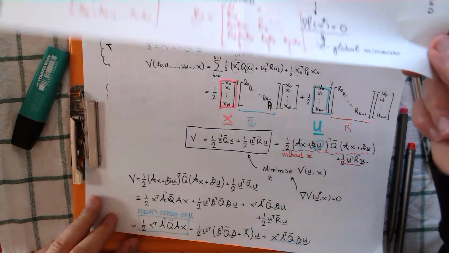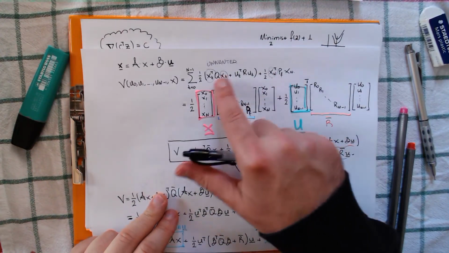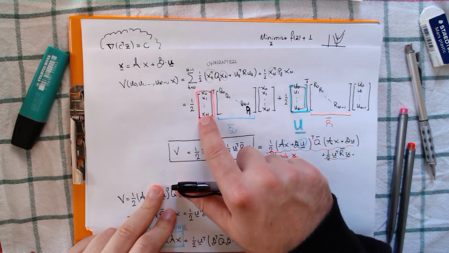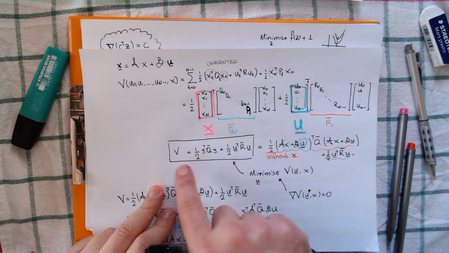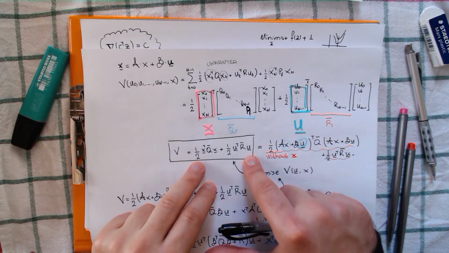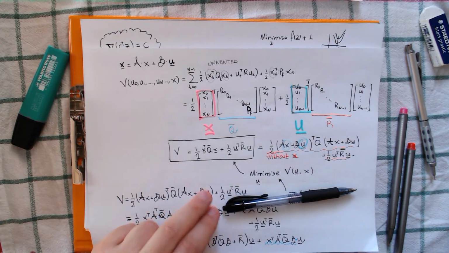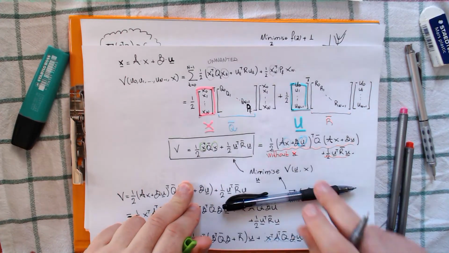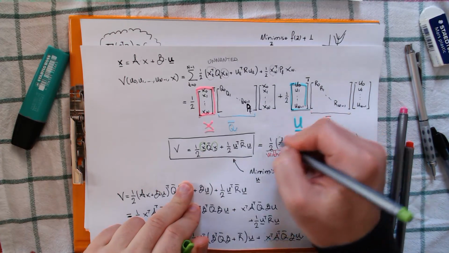Now that we did that, the next step was to try to get rid of these unwanted variables. So we organized the variables in x underlined and u underlined. We wrote the total cost down like that, and it's good that we have x underlined showing up, because we can replace x underlined by this expression.